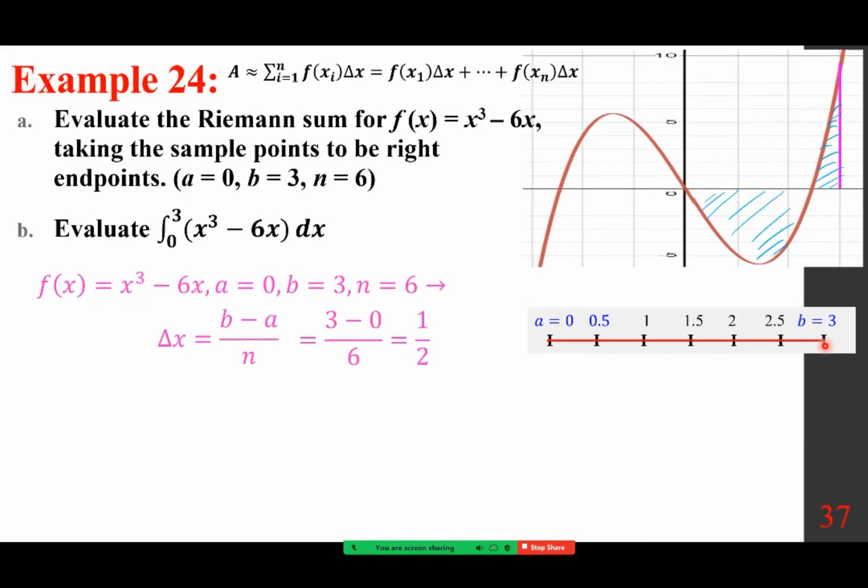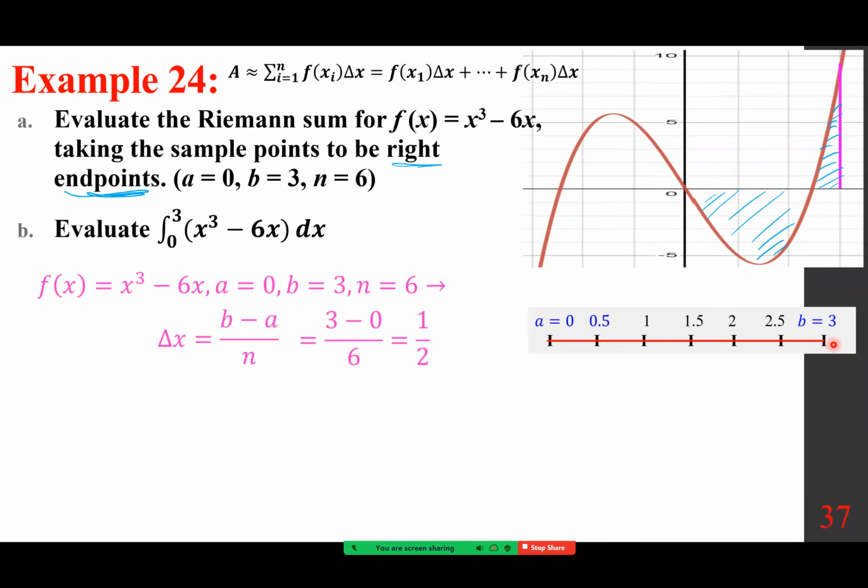Now, what do we want to use? We want to use the right endpoints, everybody. Since we want to use the right endpoints, ignore the first point. So basically, ignore this one. Ignore this one.